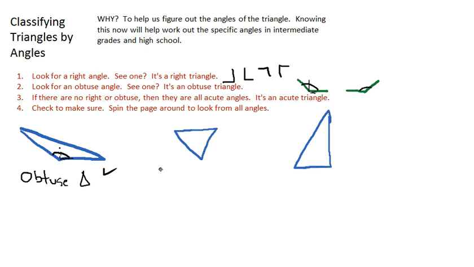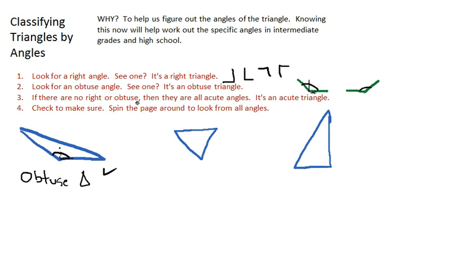Let's move on to this one right here. Step 1, look for a right angle. That doesn't look like an L or a 90-degree angle. I have to tilt my head just a little bit to make sure, and after doing that, I'm realizing it's not a right angle.